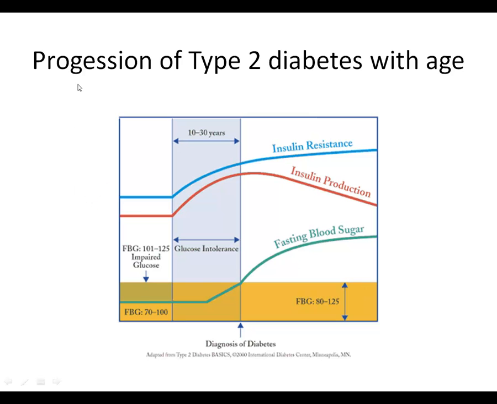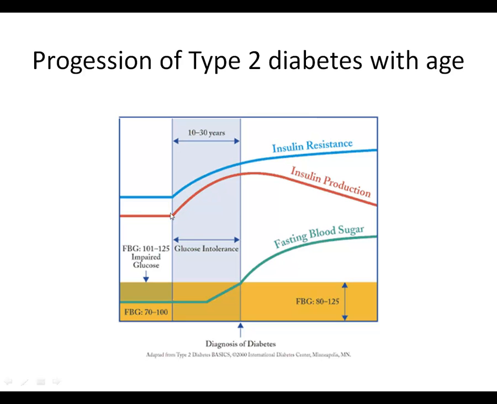And what happens with type 2 diabetes is it starts out where insulin production is made, so they're making normal amounts of insulin. But then when the cell senses that the amount of insulin that is being made is not enough to lower blood glucose, it will start to make more insulin.